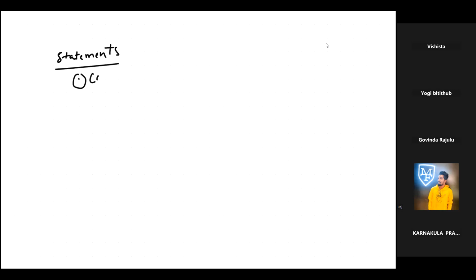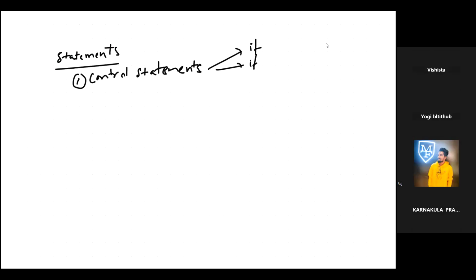Can anyone say what is a control statement? What are control statements? Whatever we learned till now, they are control statements. Control statements are if, if else, else if ladder, if else block. This is one. And the last one is switch.